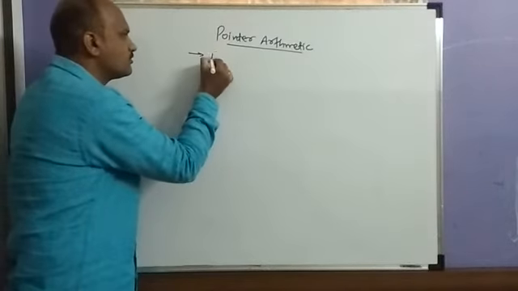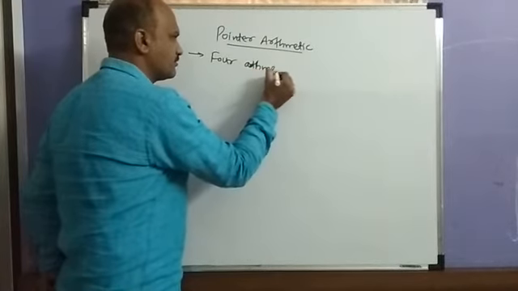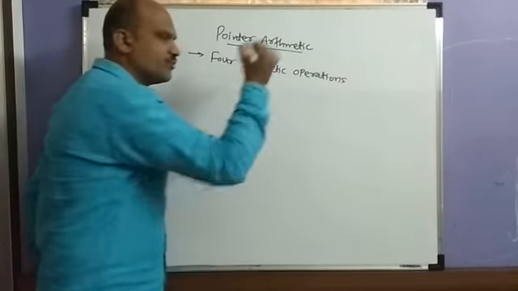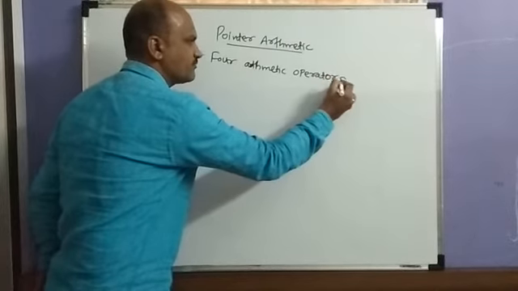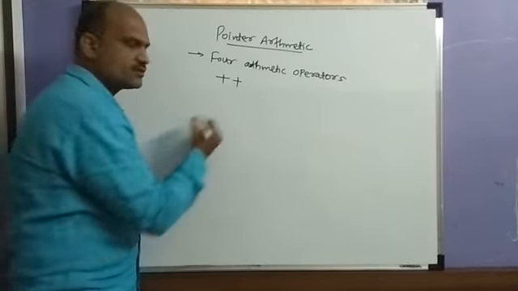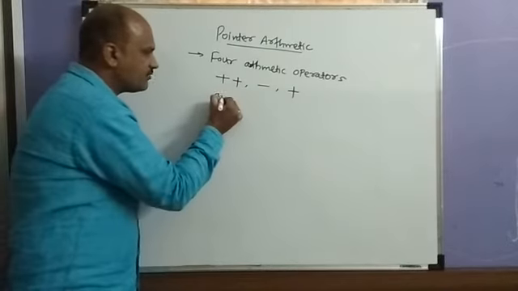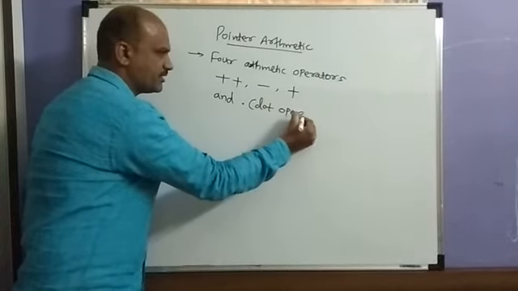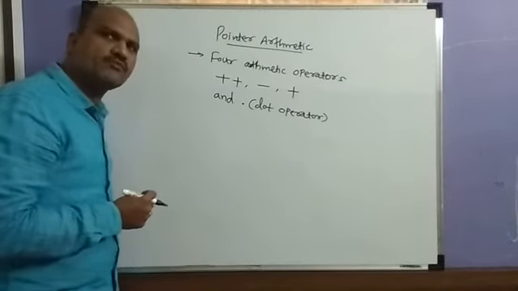The four operators are plus plus, then minus, plus, and another one called the dot operator. These are the four arithmetic operators used on the pointers.